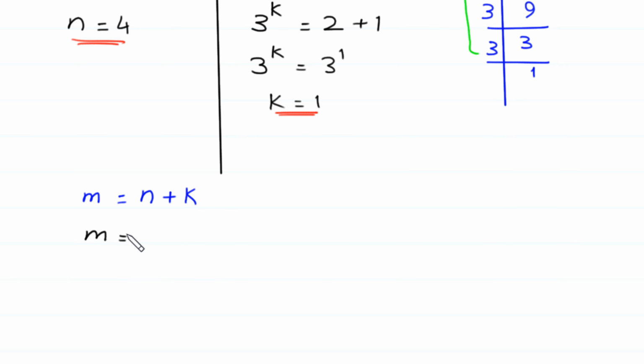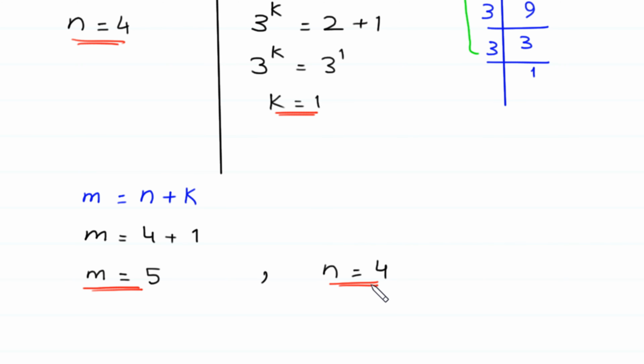M is equal to the value of n is 4 plus the value of k is 1. So m is equal to 4 plus 1, 5, and n is equal to 4. The value of m is 5 and the value of n is 4.